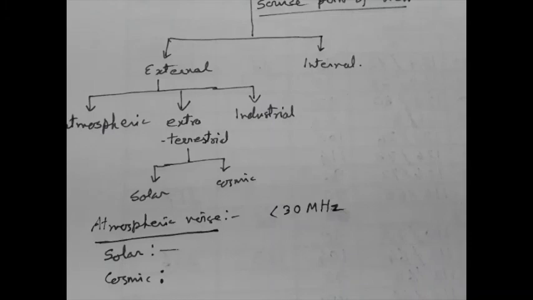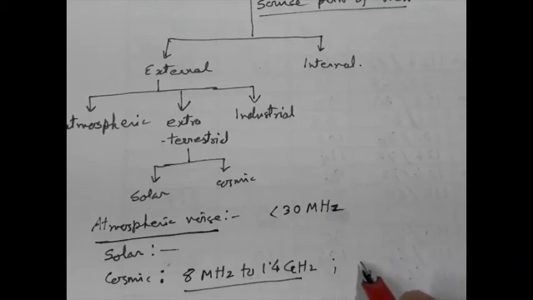Now space noise is observable in the range from 8 megahertz to 1.4 gigahertz. Noise is available in this range, but the strongest component is present from 20 to 120 megahertz. So this is the range over which we have the strongest component of this noise.